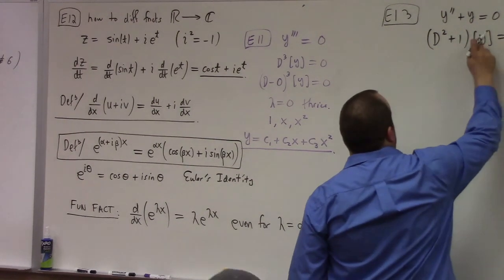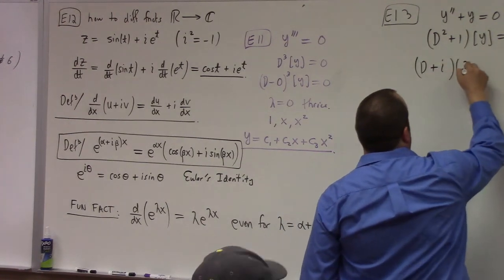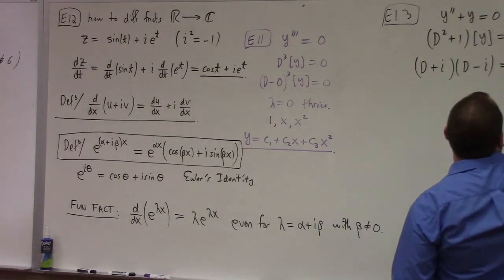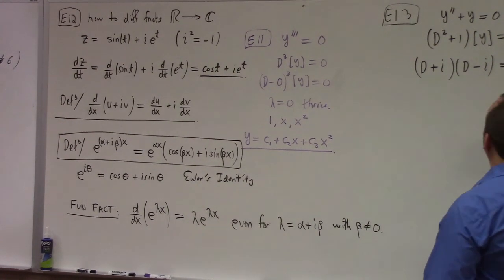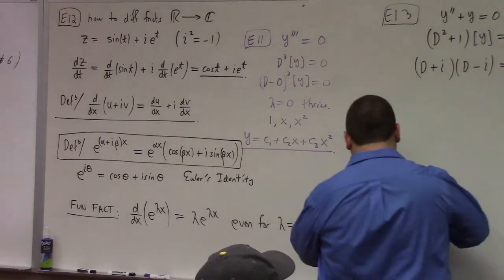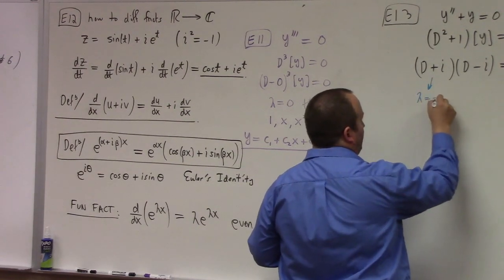I don't know if you knew this or not, but you could factor that as (D + i)(D - i), because 1 is equal to minus i squared. So this is really the difference of perfect squares from a complex perspective. D plus i, D minus i.